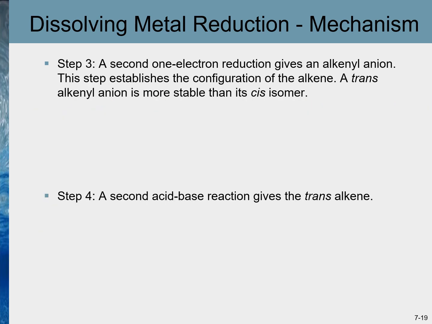In step number 3, another one electron reduction of the alkynyl radical which was formed in the previous step will take place and it will result in formation of an alkynyl anion. So the radical which was formed in step number 2 will undergo another one electron reduction process, and that one electron reduction will be facilitated by this alkali metal.